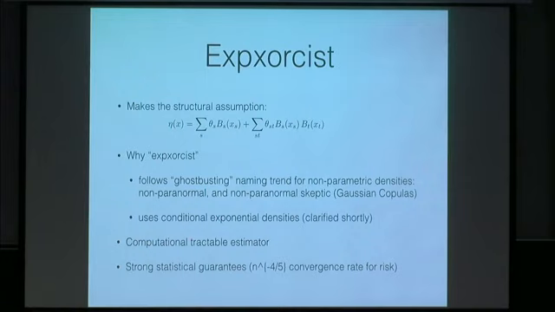I want to emphasize that we have a computationally tractable estimator, so it scales to very large dimensions. Moreover, we finesse the exponential sample complexity. The sample complexity is as if you have a single dimension.